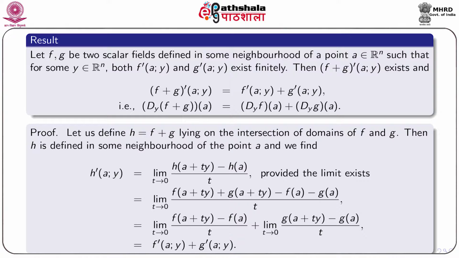Now, we replace h by f plus g, then we find the quantity is [f(a + ty) - f(a) + g(a + ty) - g(a)] / t. Now, both the limits, the limit of [f(a + ty) - f(a)] / t as well as [g(a + ty) - g(a)] / t, exist as t approaches 0. So, we have (f + g)'(a, y) equals f'(a, y) plus g'(a, y).